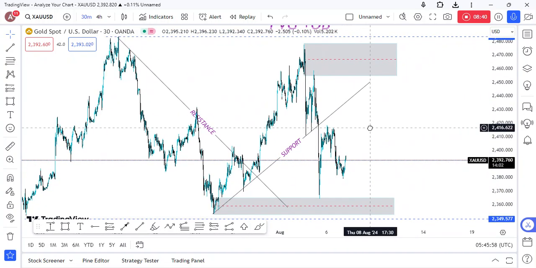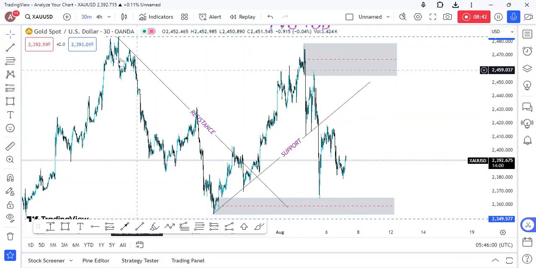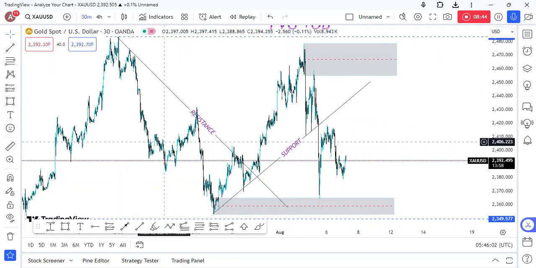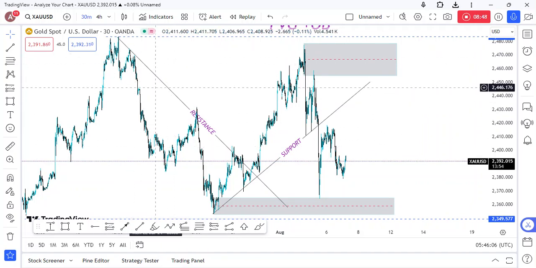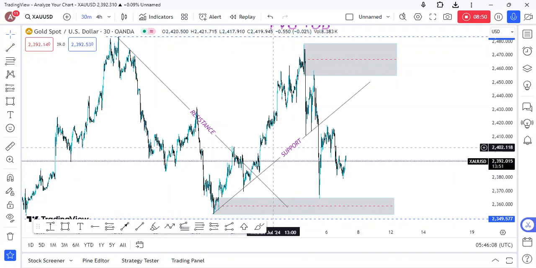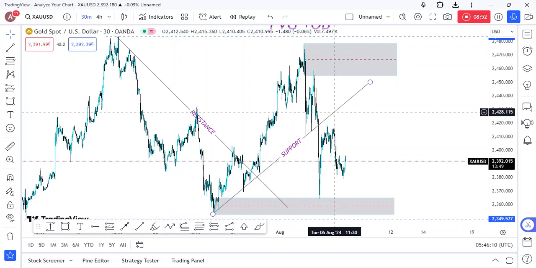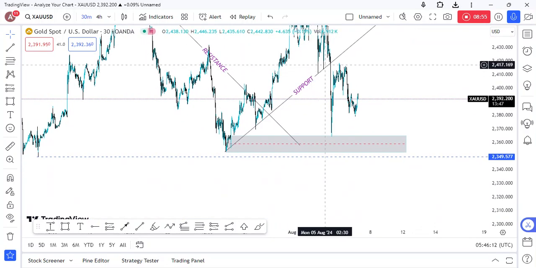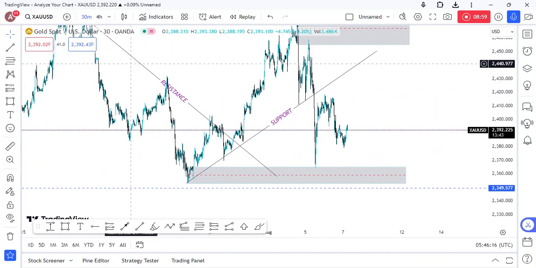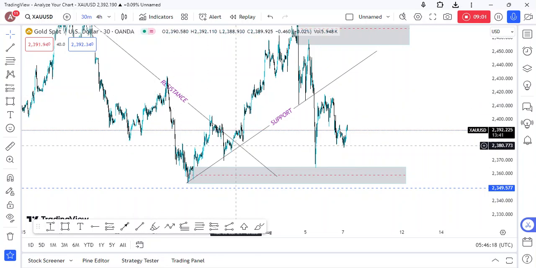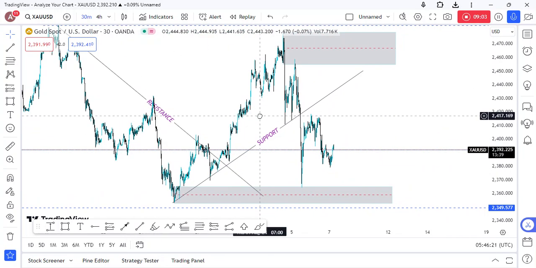Anytime the market touches the resistance, it's a sell until it breaks it and becomes a buy. It got broken here and it's a buy.